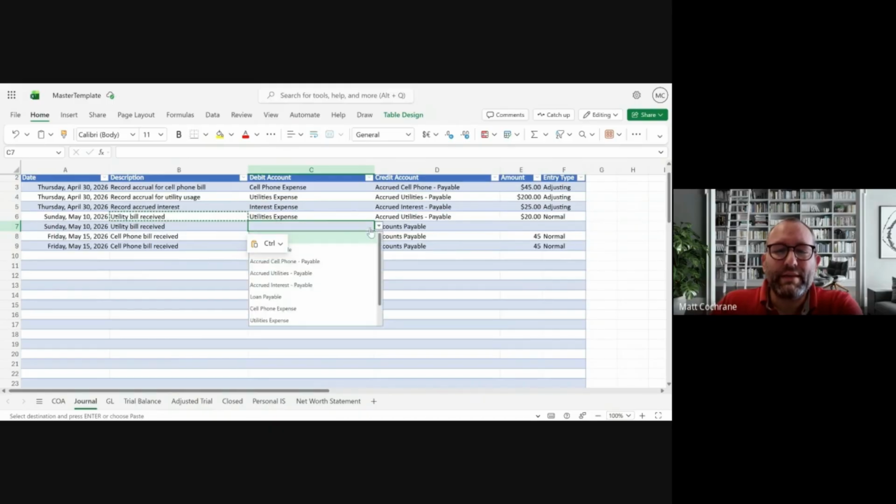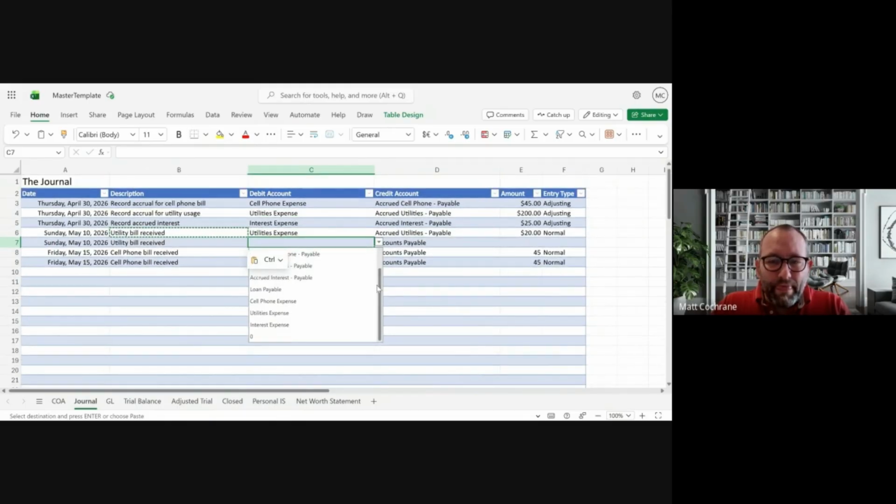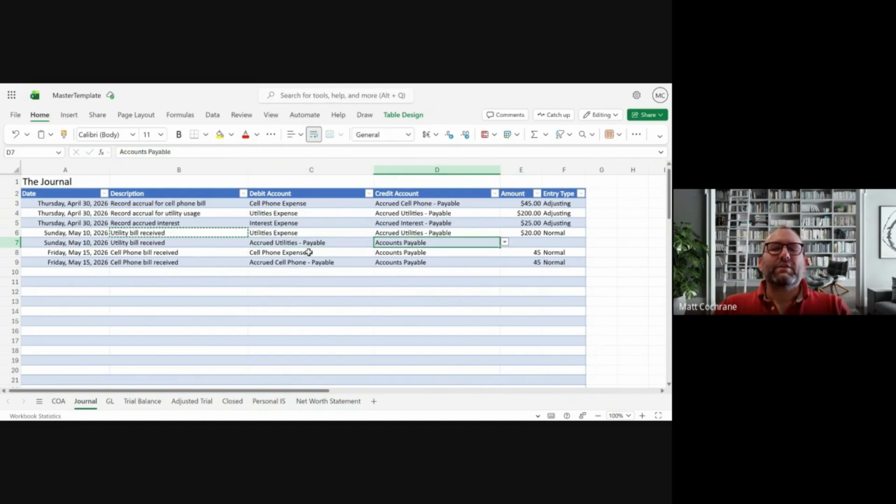The utility expense is, let's see here. Yeah, so the accrued utilities payable is here. Okay, so what we're doing is we increased the utility payable by the accrued amount, that $20.